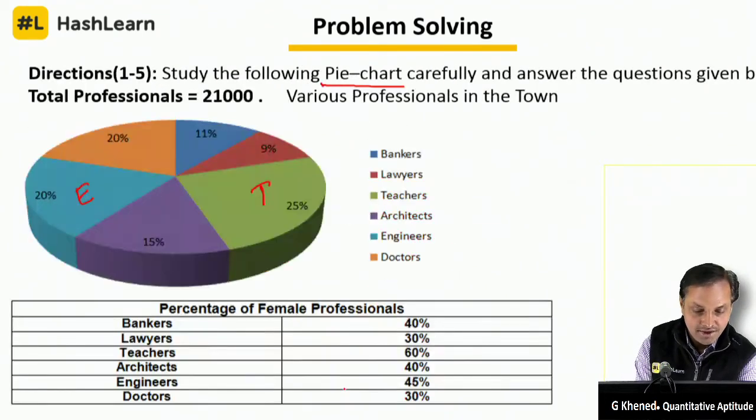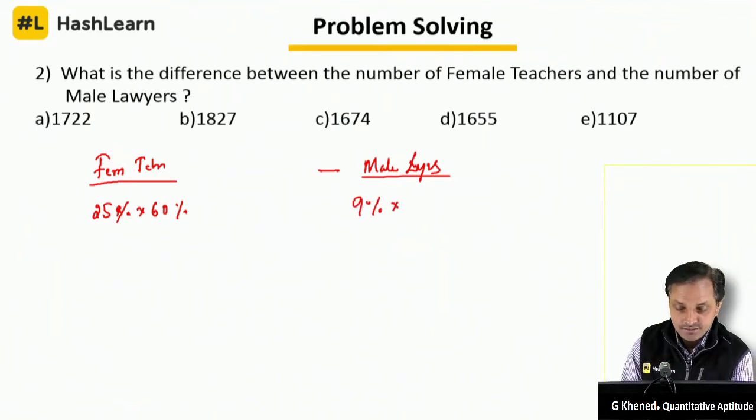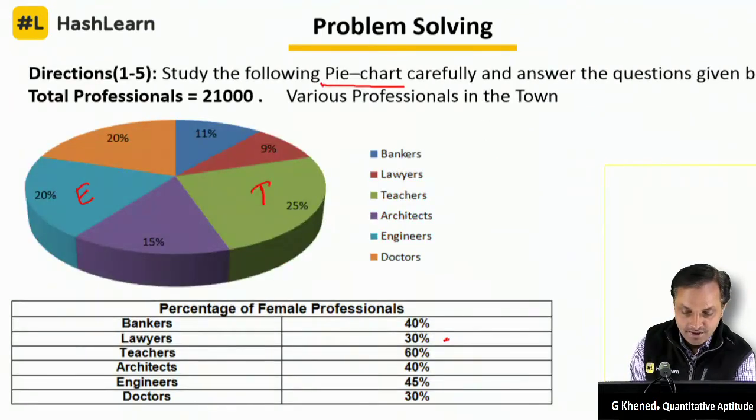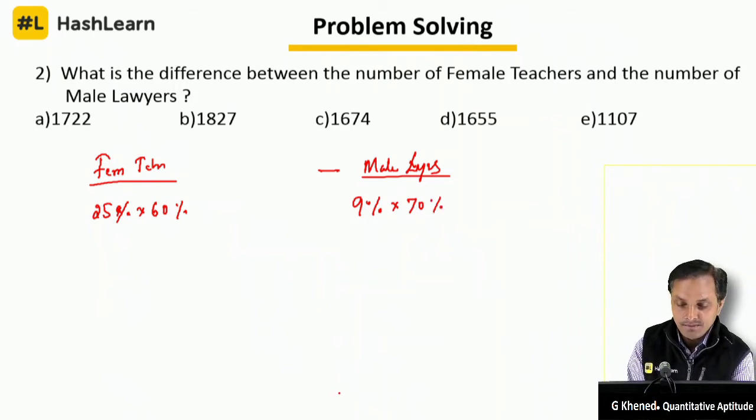So how many lawyers are there? The lawyers are 9% and 30%. So 9%, attention students, here a total of 30% are female professionals in lawyers, which means males will be 70%. That is the one part which you should note.